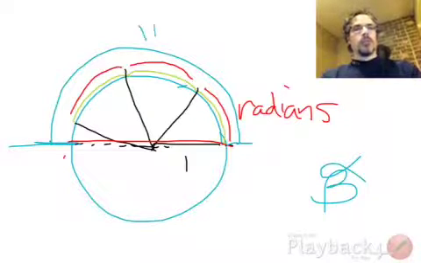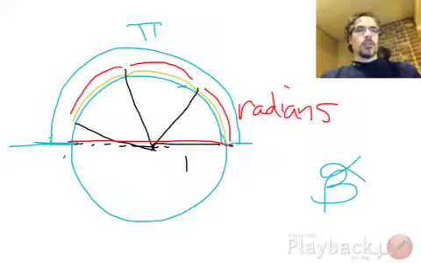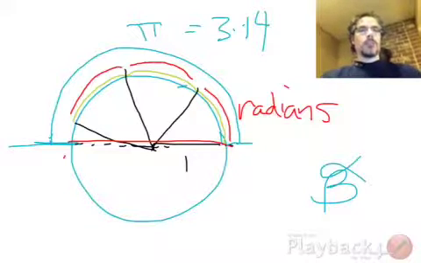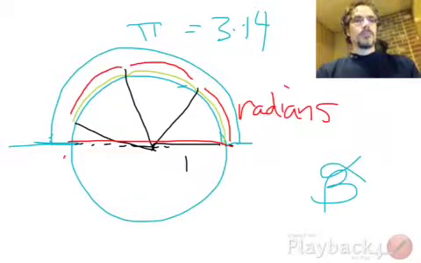So they came up with this one and they called it pi. So they said the distance around here is called pi, and you'll notice it's 1, 2, 3 and a bit. So it's 3.14. They calculated that out precisely to many, many decimal places.